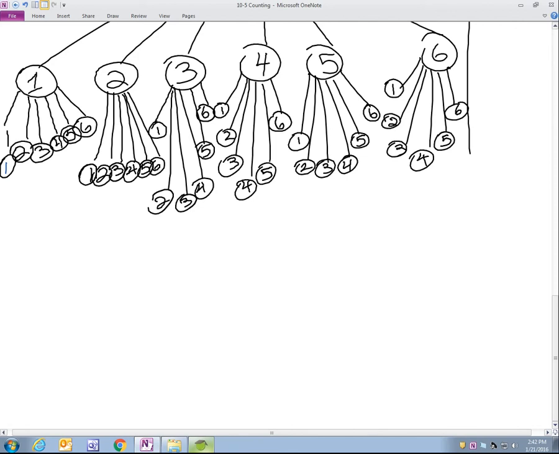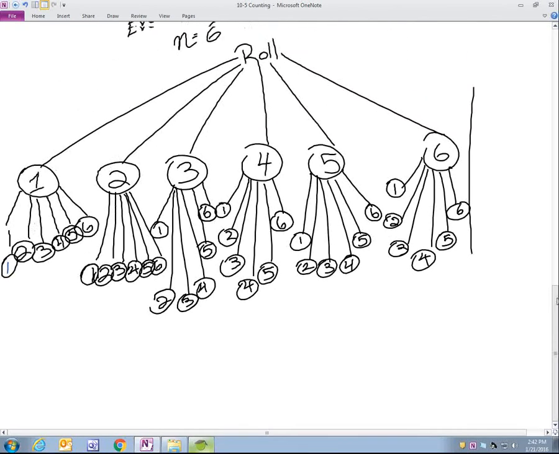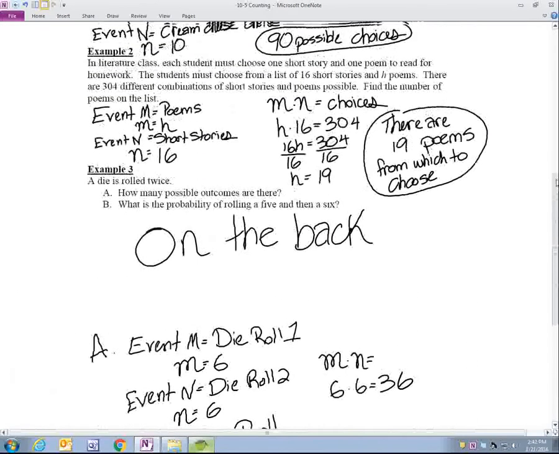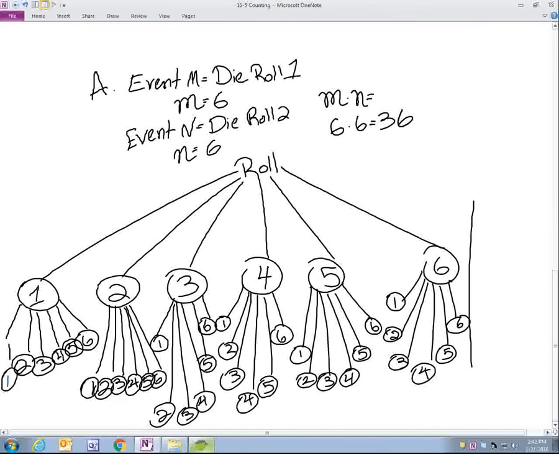And it should be 36 because we know that m times n is going to be 6 times 6, which equals 36. So the first part asks us, how many possible are there? 36 possible outcomes.